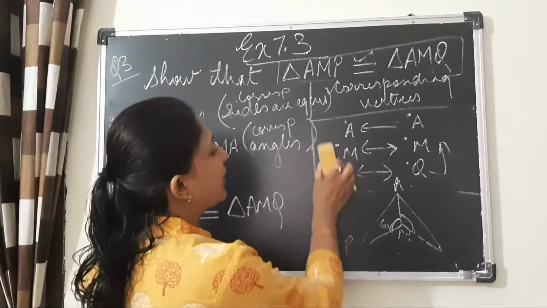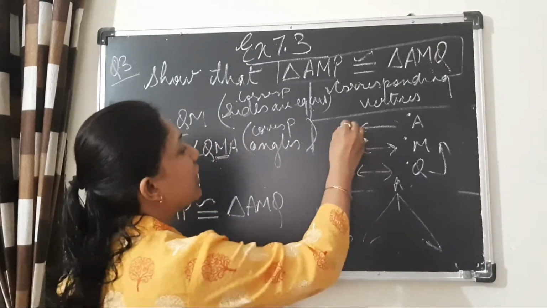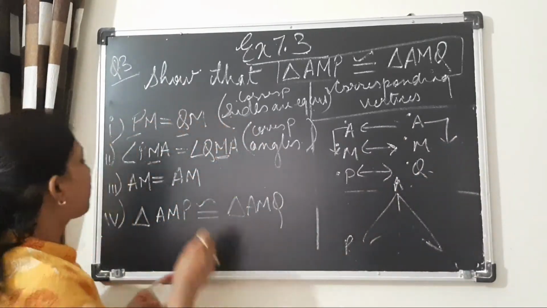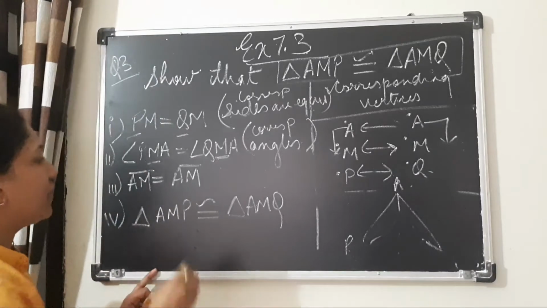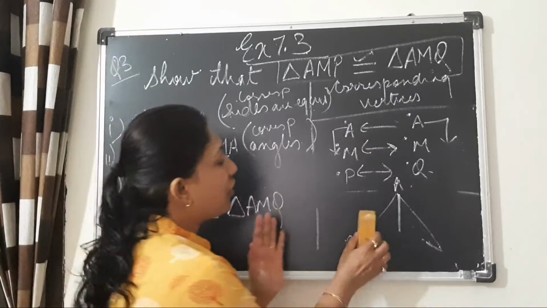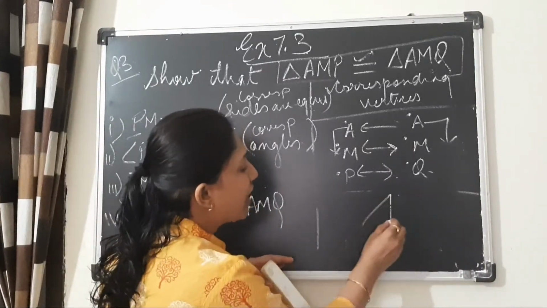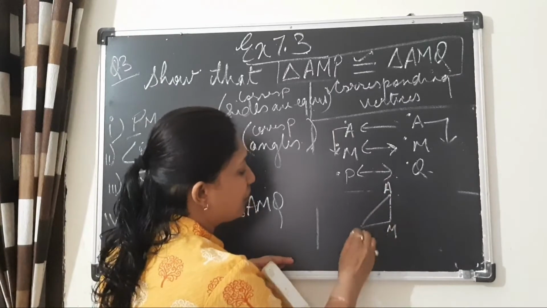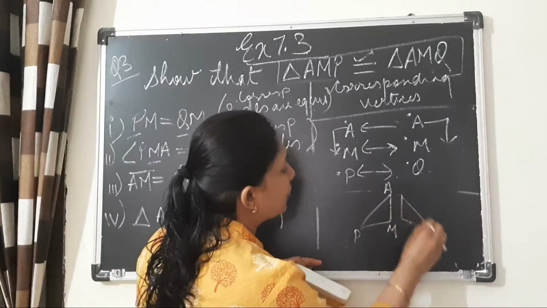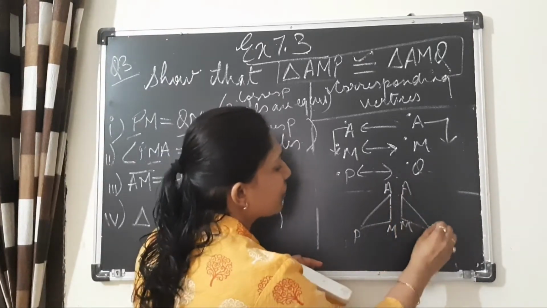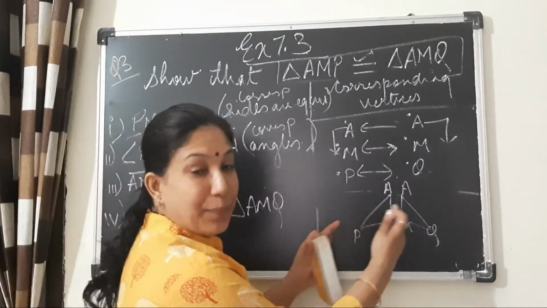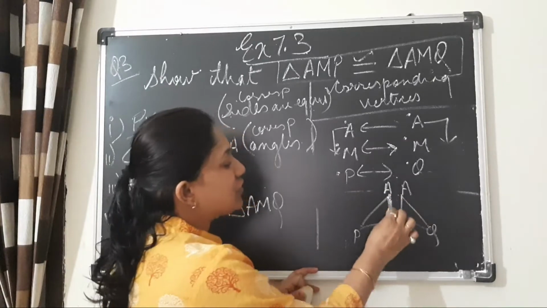Now the third is AM is equal to AM. AM is a line segment. Are they equal? Yes, because AM is common. If I divide the triangle and redraw and separate the triangles, this was a common side.